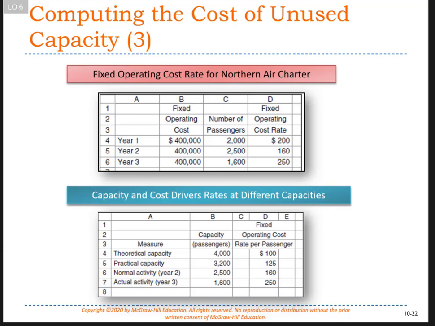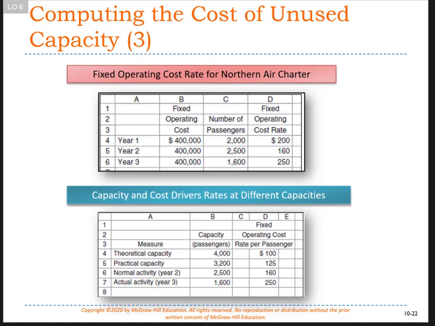The amount of cost per passenger fluctuates as well. You take 400,000 divided by 2,000, you get 200. Divide by 2,500, 160. Those are what's actually happened, but you could also apply that same thing to different measures. Theoretically, if everything worked perfectly, we could run 4,000 passengers. That's what our planes would handle if they were in a constant rotation being used.